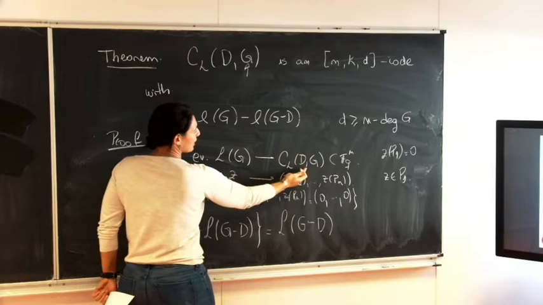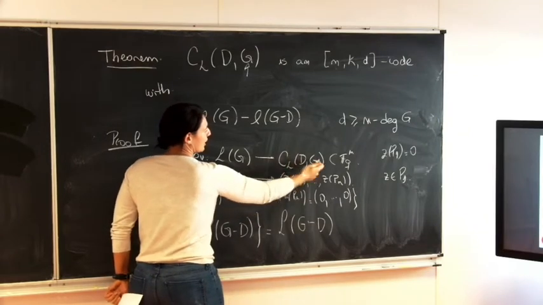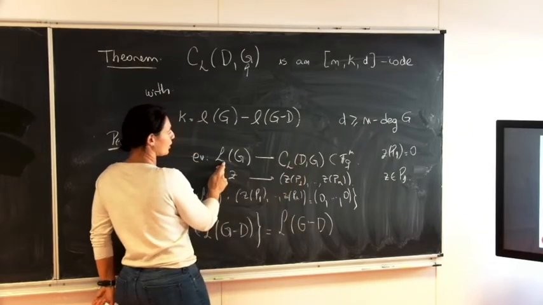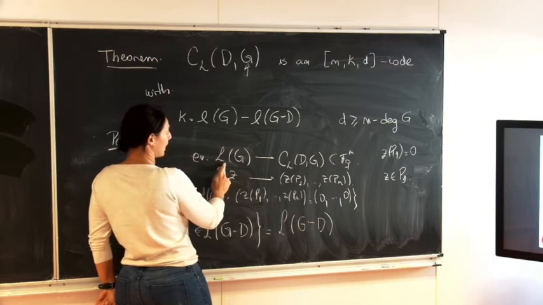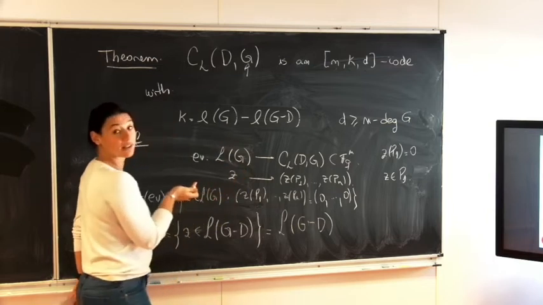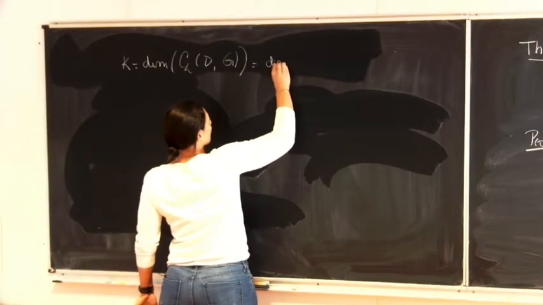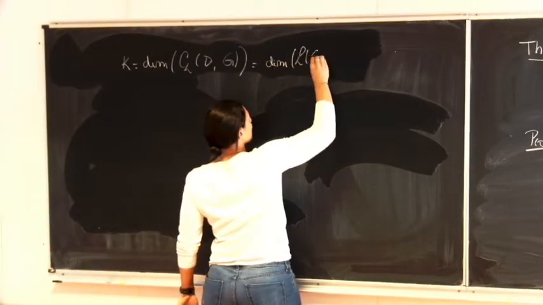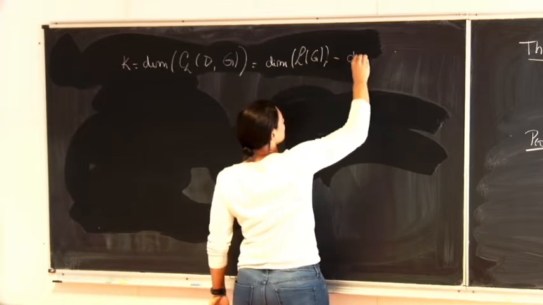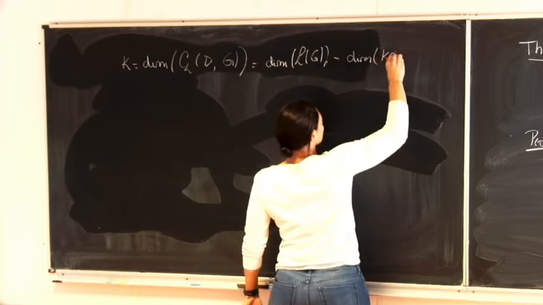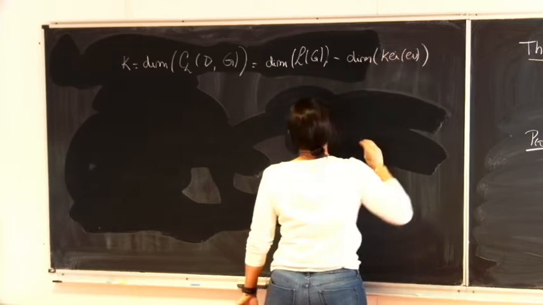In this map, the dimension of the evaluation map's image is going to be the dimension of the domain, L of G, minus the dimension of the kernel. So this is going to be the dimension of L of G minus the dimension of the kernel of the evaluation map.